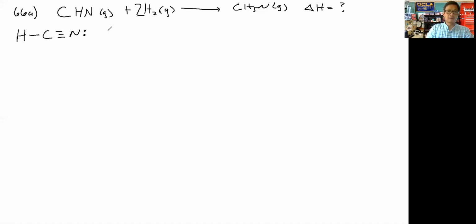And then hydrogen is going to be a single covalent bond between the two hydrogens there, and we have two of those.